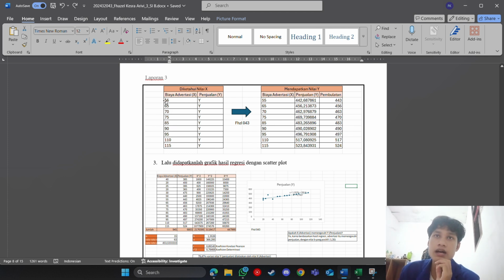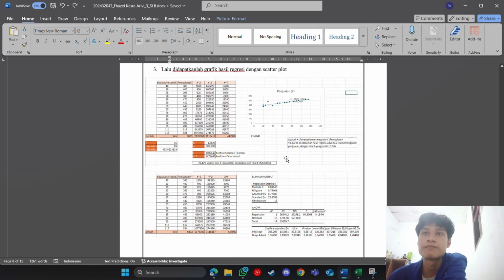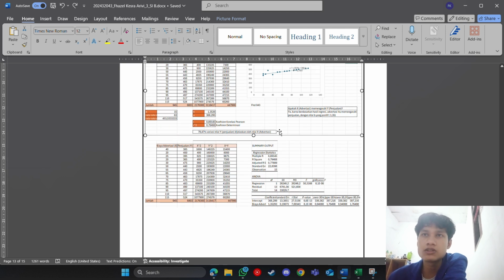So we got the a value and b value and then the x value. So we got the y value here after rounding it. And I found the scatter plot, or graphic, here, and then the summary.